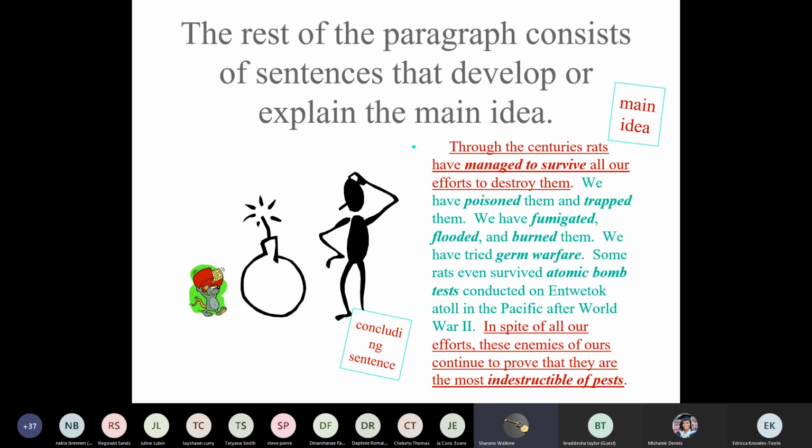All right. Jazara says a closing statement. Okay. So it says, in spite of all of our efforts, these enemies of ours continue. Your closing sentence, okay? To prove that they are the most indestructible of pests.